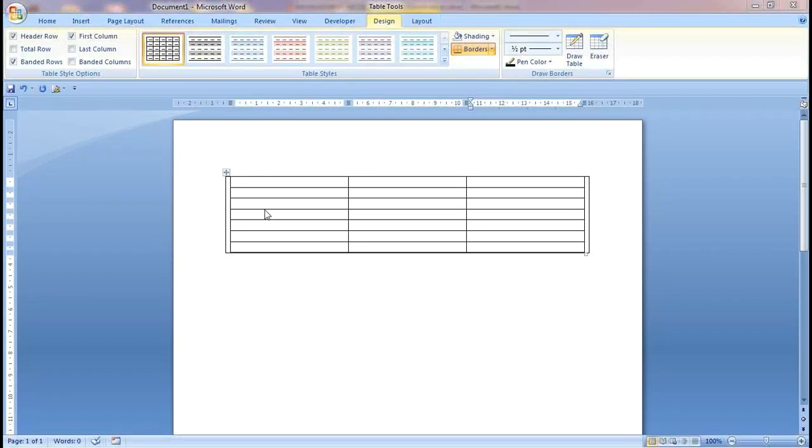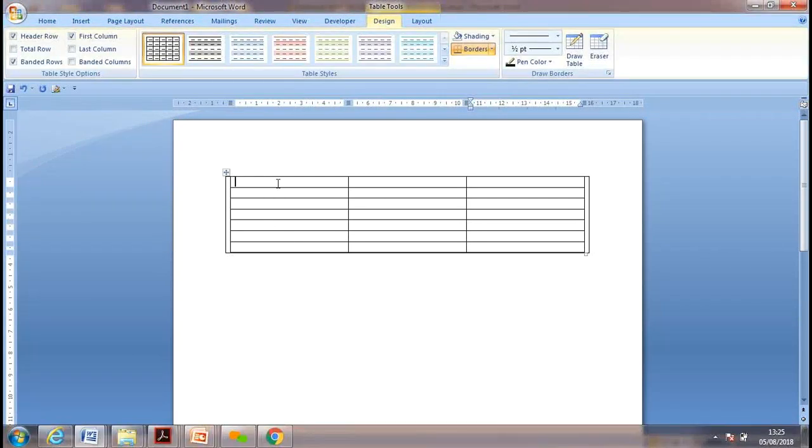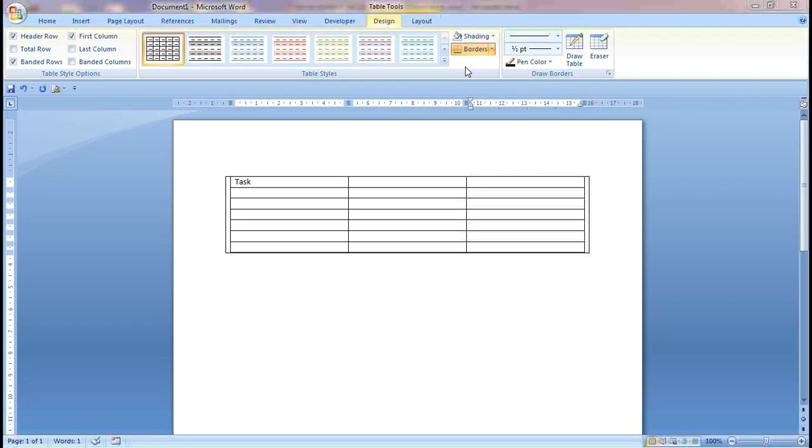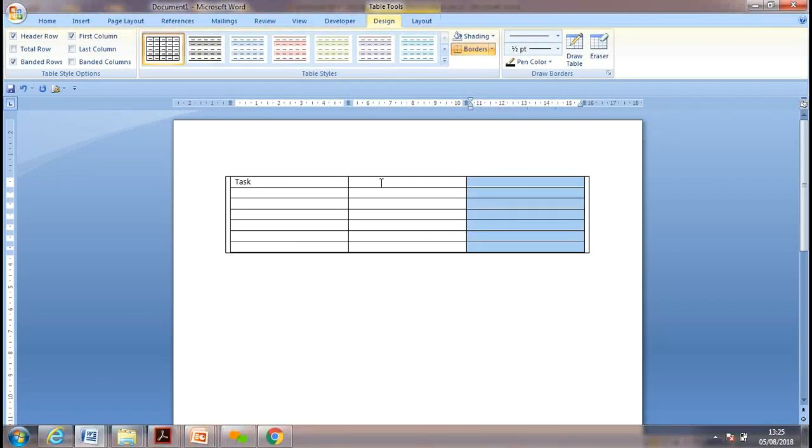So let's quickly demonstrate. We'll say tasks. Maybe we can do many boxes. Week 1, design, so we can highlight here, and we can even give the date.